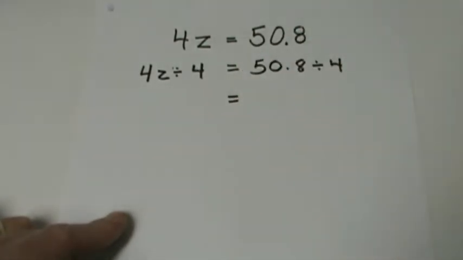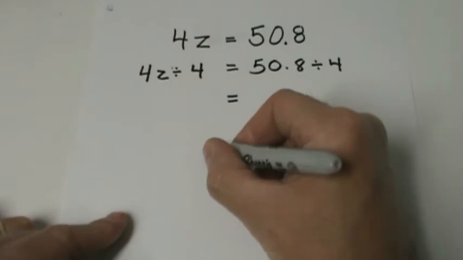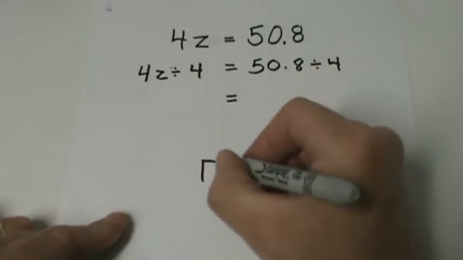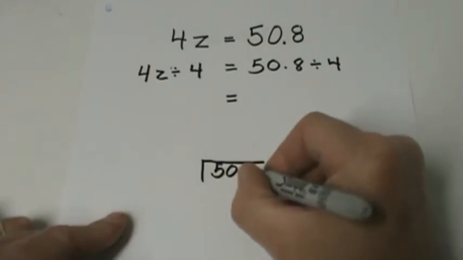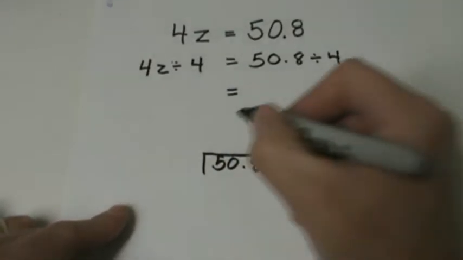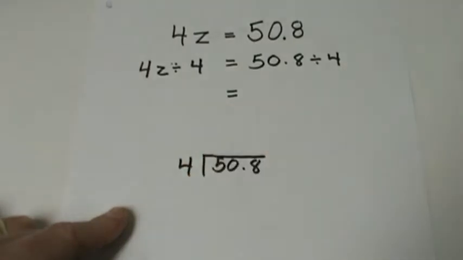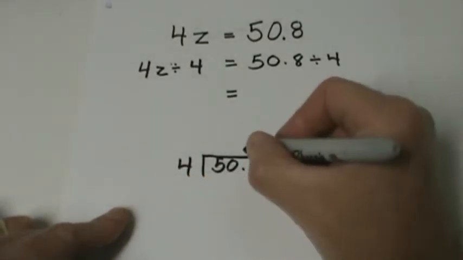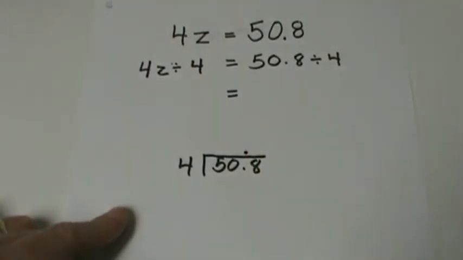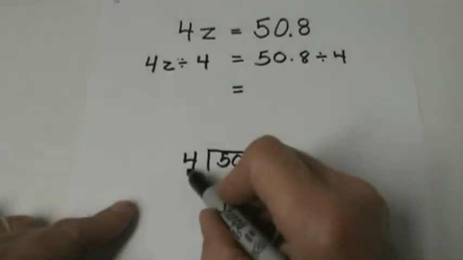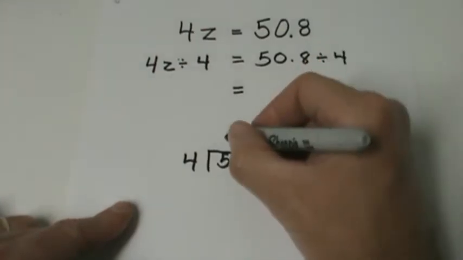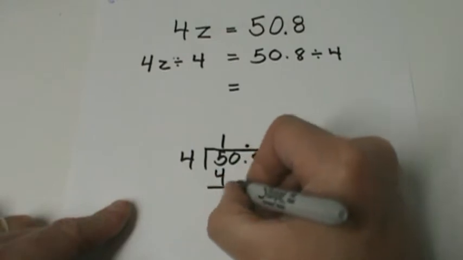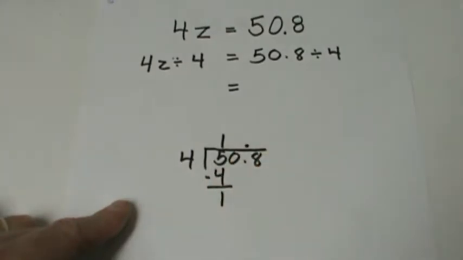And then we just set up and we do the math, because we're going to now do 50 and 8/10 divided by 4. It's a whole number, so we can just take our decimal point right up and put it in our quotient. And we have 4 will go into 5 one time. 1 times 4 is 4. Subtract, and we have 1 remainder.